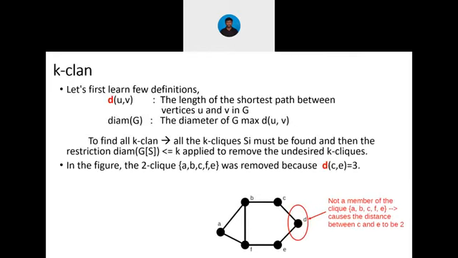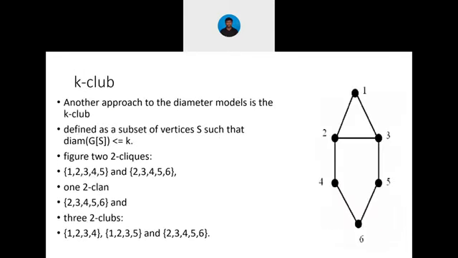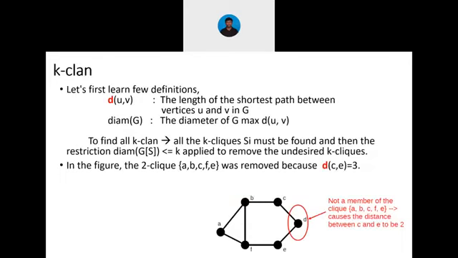And hence I'm going for the clan. What is the clan? The subgraph is derived with the help of distance and diameter. If it is derived with the help of distance, then it is a clan.